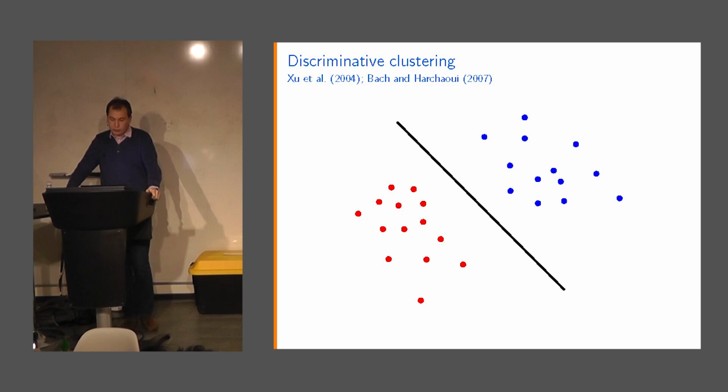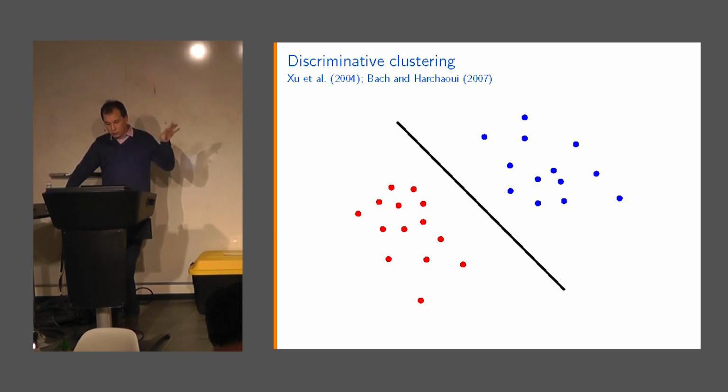Basically, discriminative clustering is trying to find two groups of points that can be very easily predicted using discriminative algorithms such as an SVM or a logistic regression.